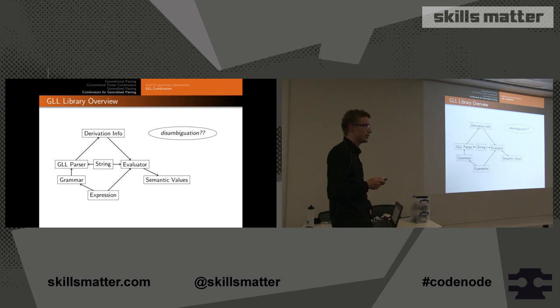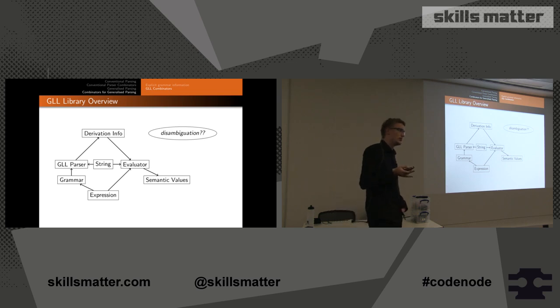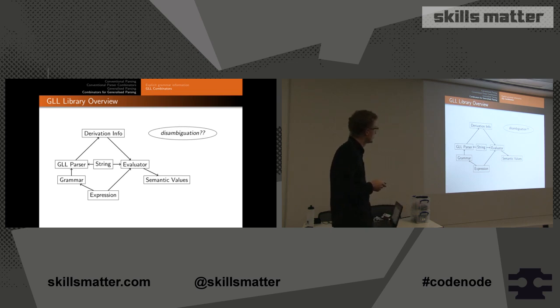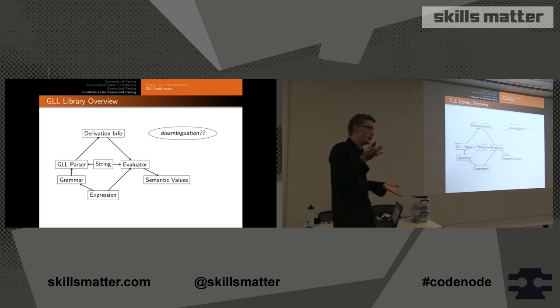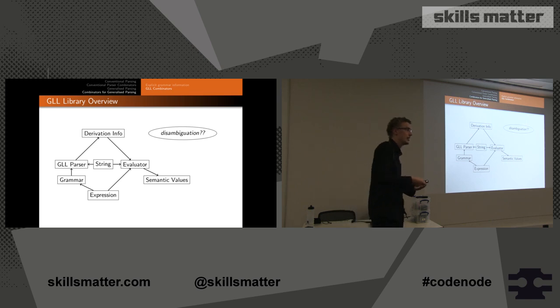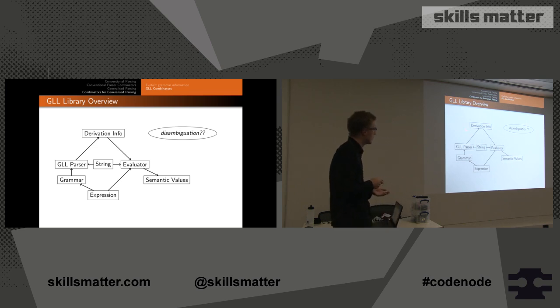And then I want to distinguish between top-down and bottom-up disambiguation. When I say top-down, I mean the disambiguation which takes place on this arrow, where we, when we use the derivation information in the evaluator, prune our derivation information to contain fewer derivations. So we have these pivots in there, right? So we have all these integers.